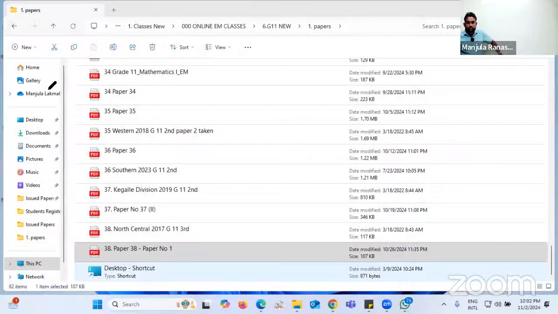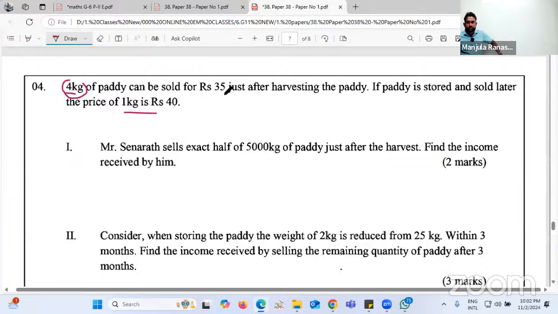So there is a mistake you found. Did you take 4 kilograms or 1 kilogram in the first part? Just consider that 4 kilograms of paddy can be sold for rupees 35.